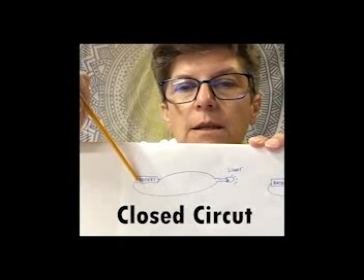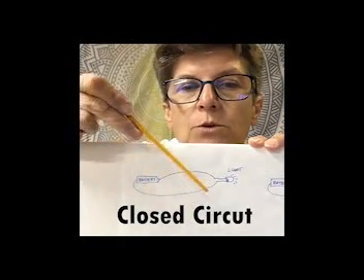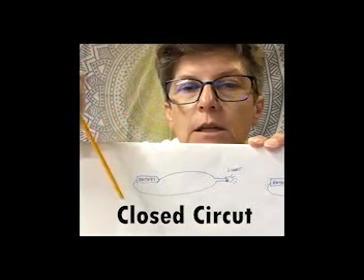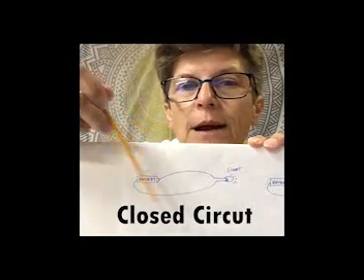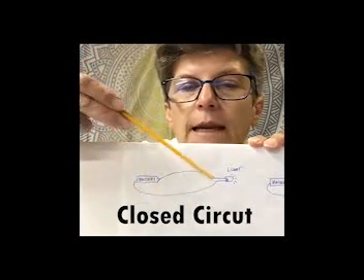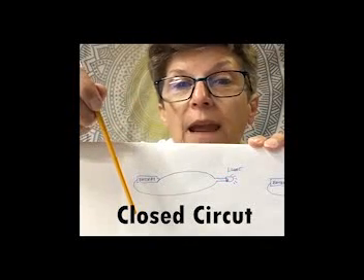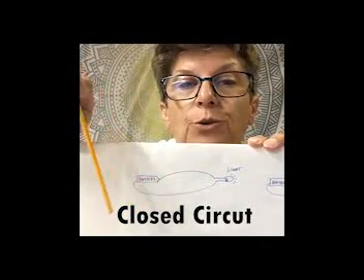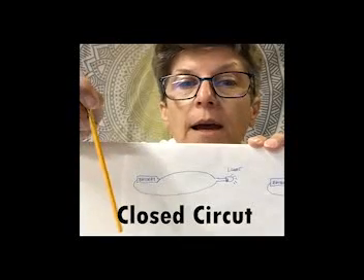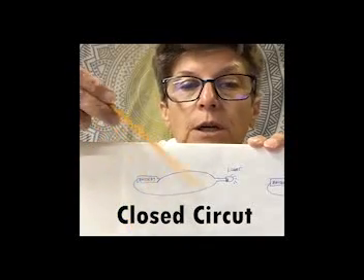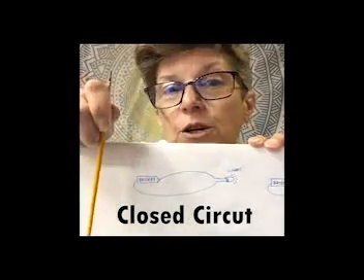That means that it is a nice round circle and that the energy can travel around and around and around that circle, and it can light up a light, it can run a fan, it could run your iPad or your Chromebook, it could run a refrigerator.